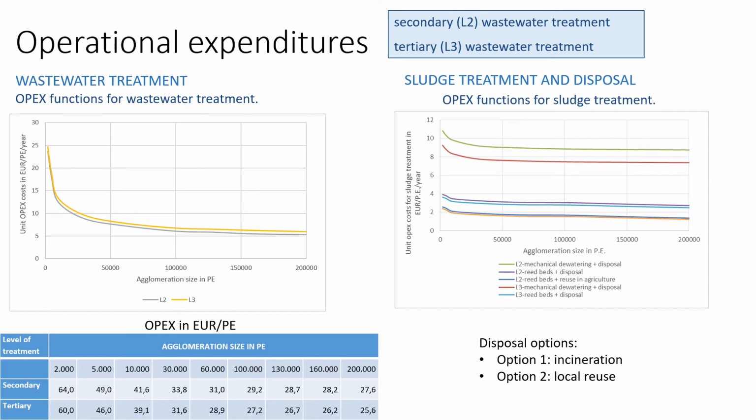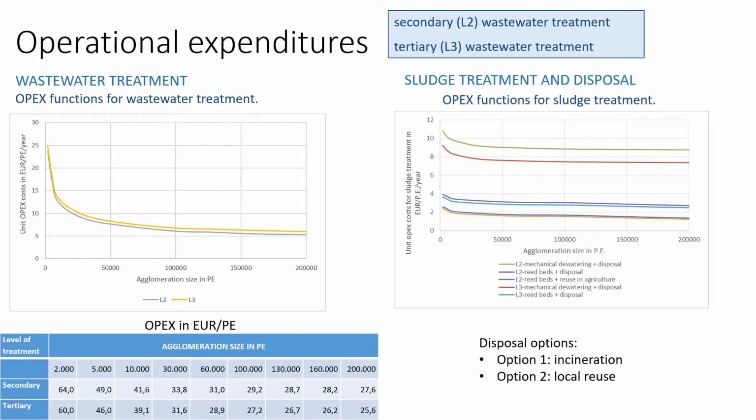We can see that OPEX for a wastewater treatment plant with capacity 2000 PE is between 60 and 64 euro per PE, and it decreases with agglomeration size.